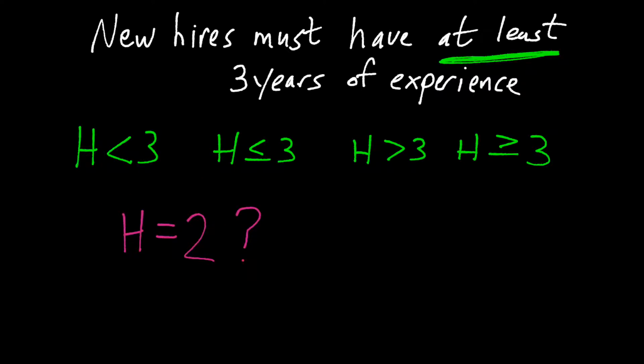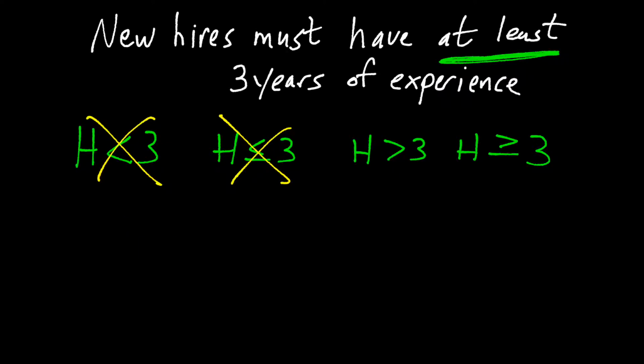At least means that you have to be at least 3. You can't be smaller than 3. So which one of these say that H can equal 2? That's our less thans. Both the less thans say it could be possible that your answer is 2, so they have to go away. And now we've narrowed it down to H is greater than 3, or H is greater than or equal to 3.